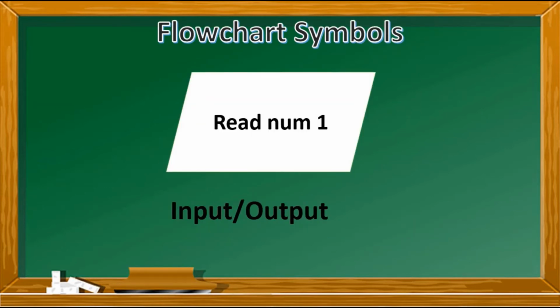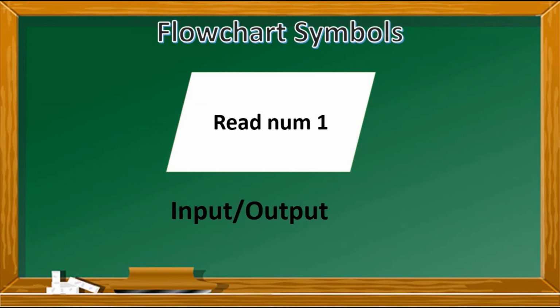Third is our input output diagram. Input output diagram is represented by a parallelogram, meaning that we can use this diagram whenever we're accepting from the user an input, or whenever we want to display a result to show the user at the end.